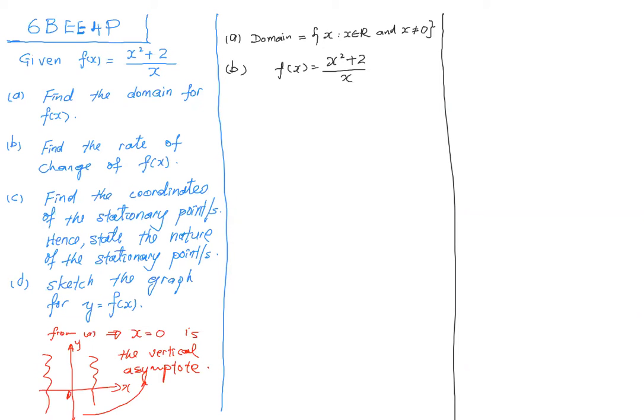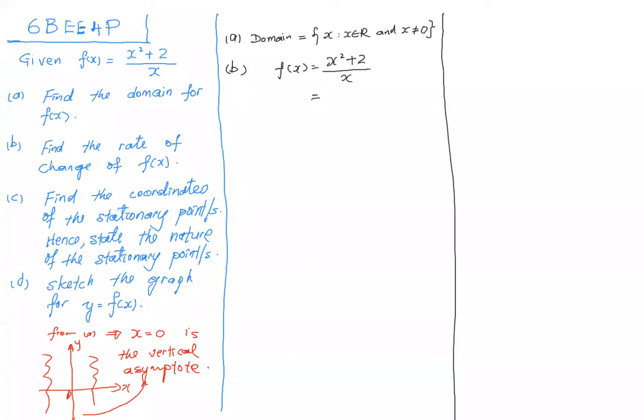Okay, now B. If I want to find the rate of change of f(x), so f(x) is here. First thing, what will you do? Sinran. Factorize. Can you hear me? Yeah, we can hear you. Factorize the f(x) into x plus 2 over x.